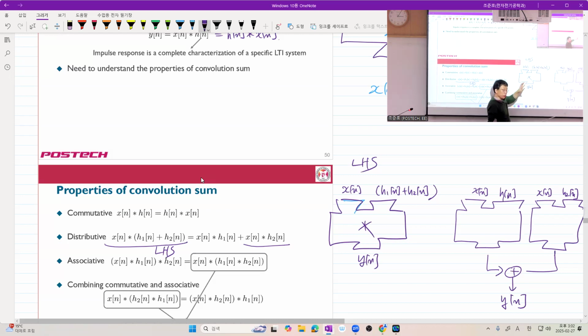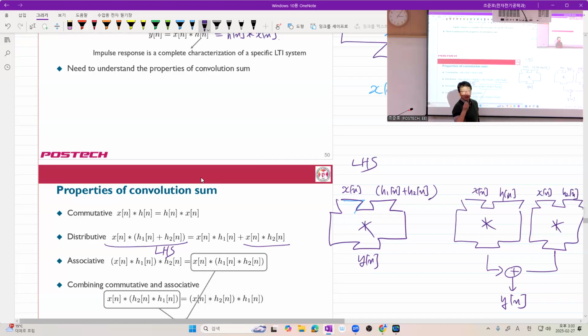But some other technology may have better performance when you convolve the signal in two different convolution sum functions and just add. Mathematically, the same operation can perform differently in the real world. So you'd better have many different representations of the same operation, because sometimes this works better than that one or vice versa.